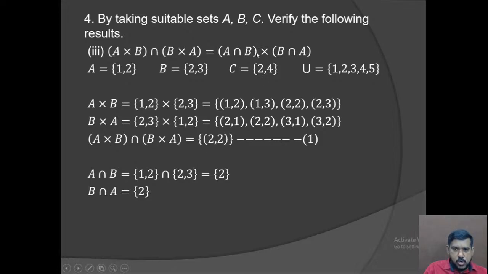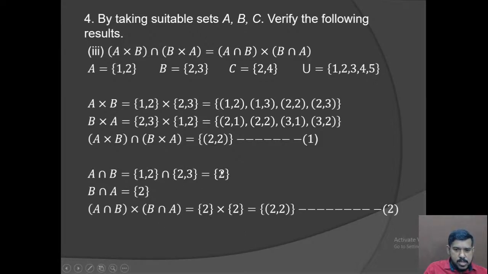Now both should be done with the Cartesian product. So A intersection B should be multiplied, Cartesian product, with B intersection A. Right. So here the element is 2 only. Here also the set has only 1 element, which is 2. So 2 into 2, so only 1 Cartesian product is received.